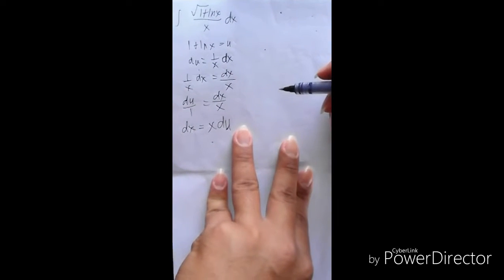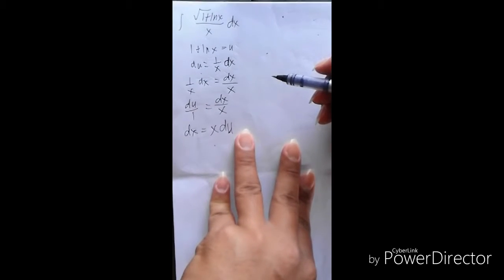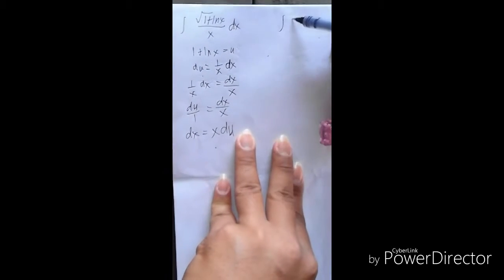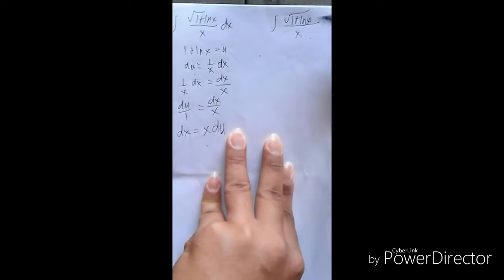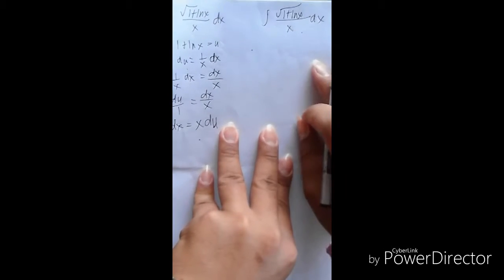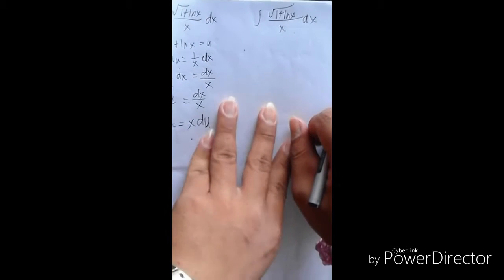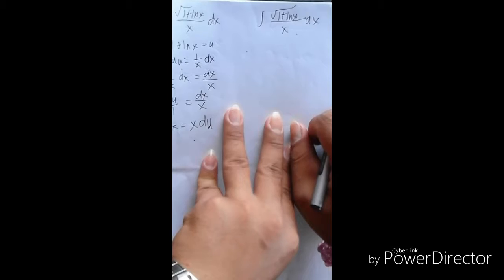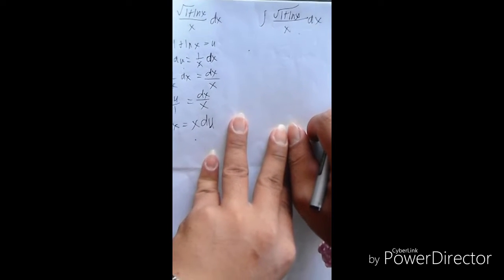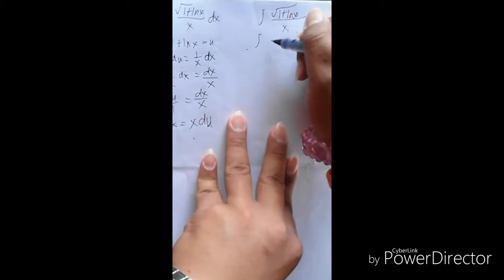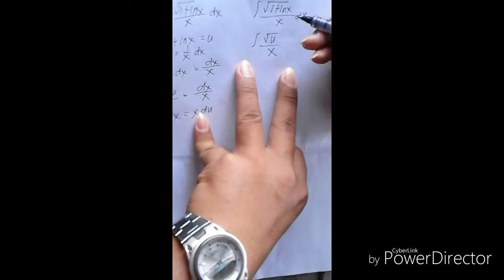The third step is to make the substitution. First, we write the original equation. Since we let 1 plus ln x be u, we can change the 1 plus ln x to u in the original equation, and it becomes this form.